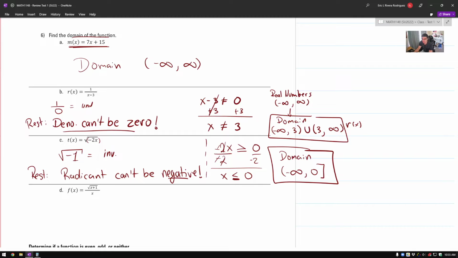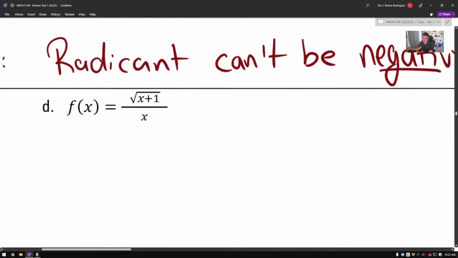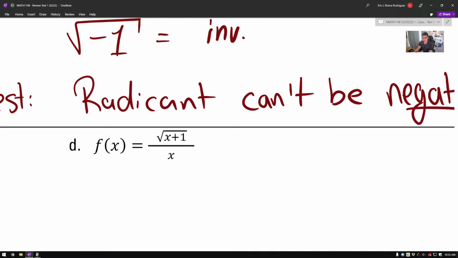Okay? So those are the two restrictions that we have when we have a fraction or when we have a radical or a square root in this case. Any question with this? The domain D then is going to be a combination. You have a restriction here and you have a restriction here.